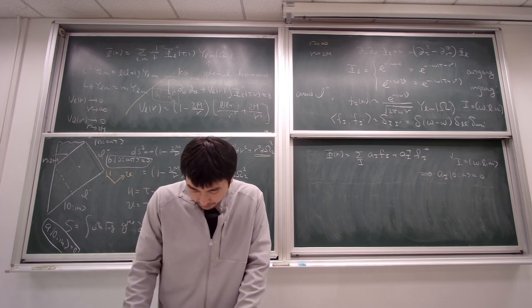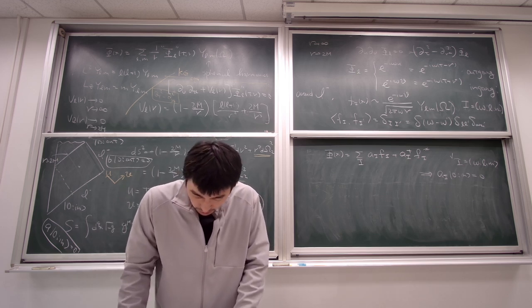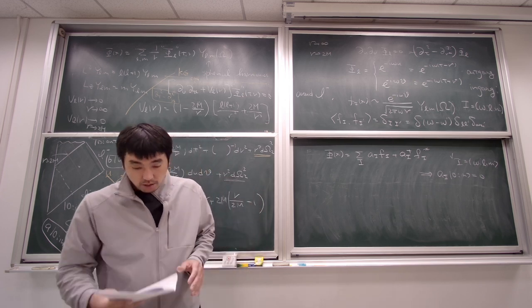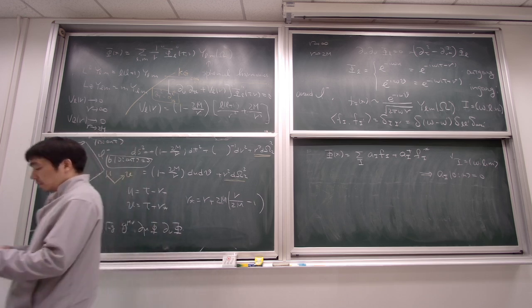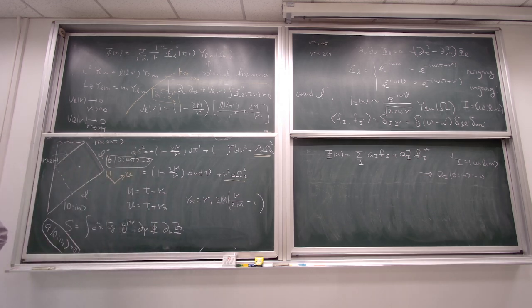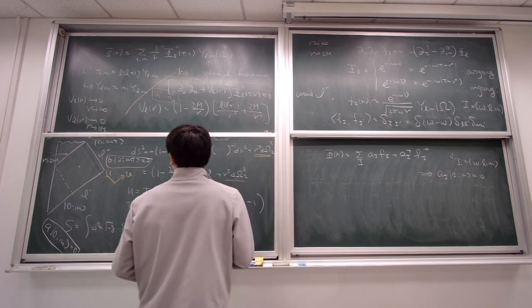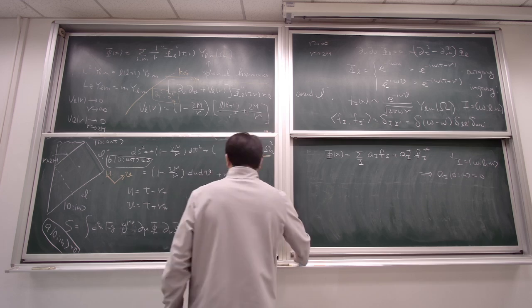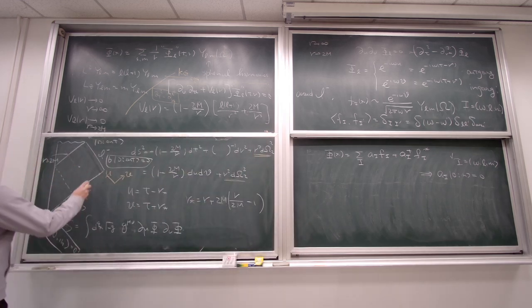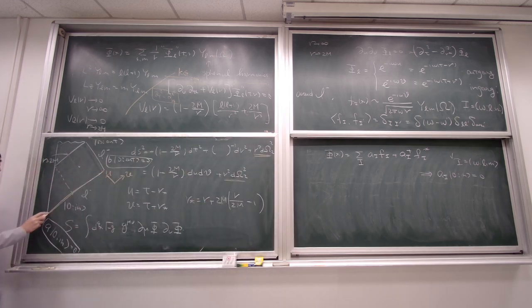And then what we want to do is the following. Here is a Cauchy surface of this geometry: I minus is a Cauchy surface. Do you remember?